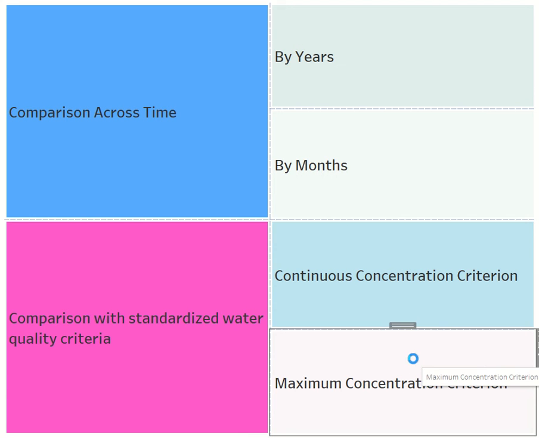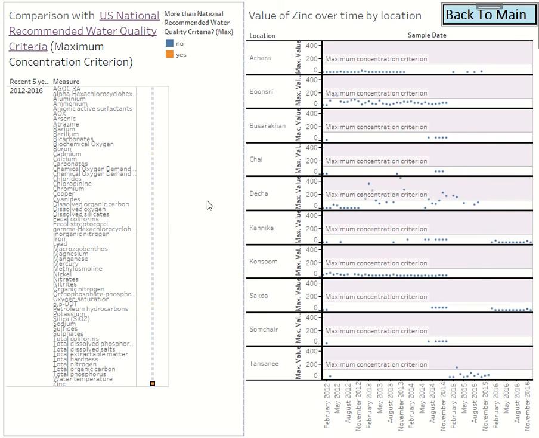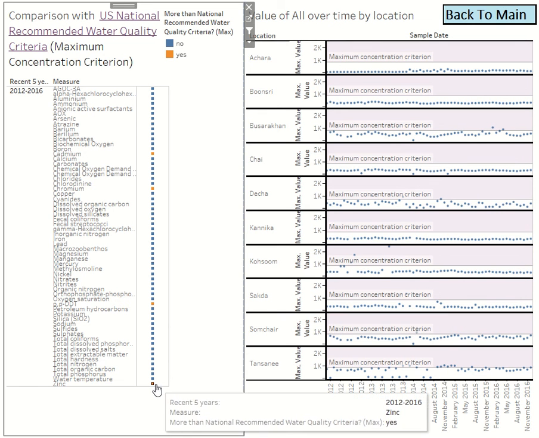Let's look at the maximum concentration criterion. Similarly, on the graph on the left, orange box means that it's above the recommended water quality criterion. And then blue means that it's either lower than it or is not measured by the US national government as a guideline.